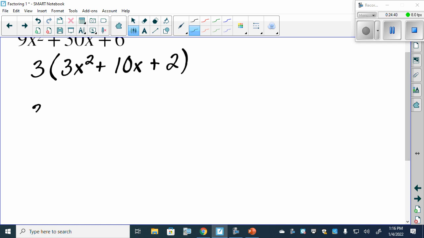Now from here, we can write our 2 sets of parentheses with 3 spaces. Since the 2 is positive, the signs are the same and they match the sign of the middle term, yes? So we would have plus and plus.